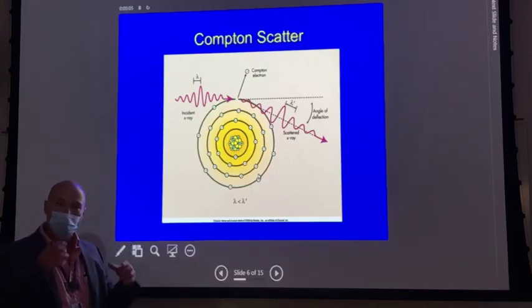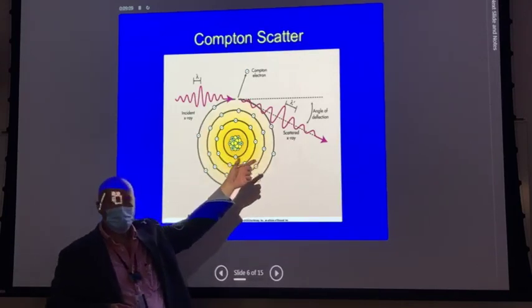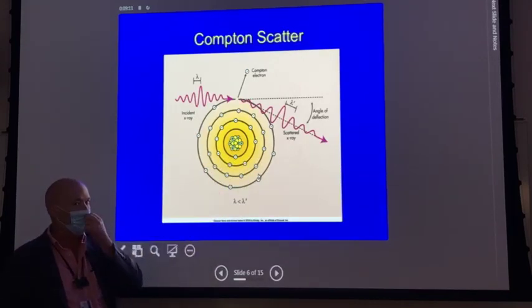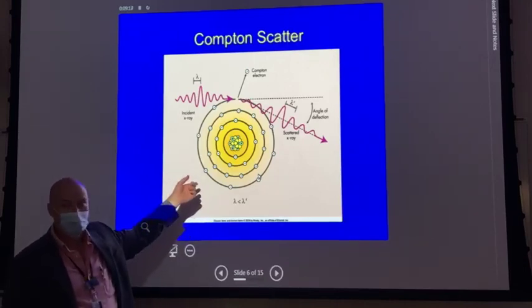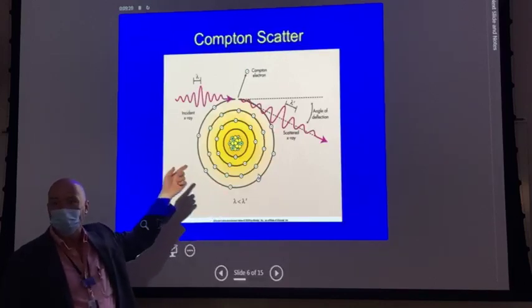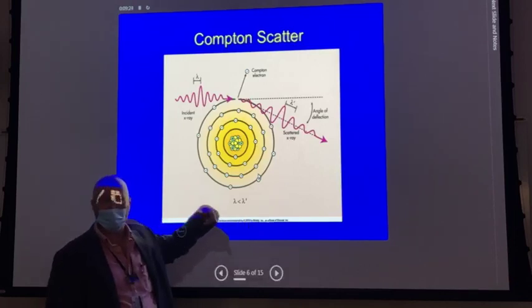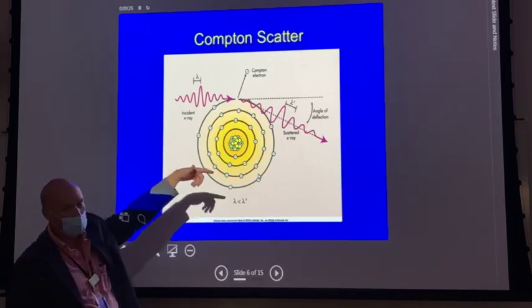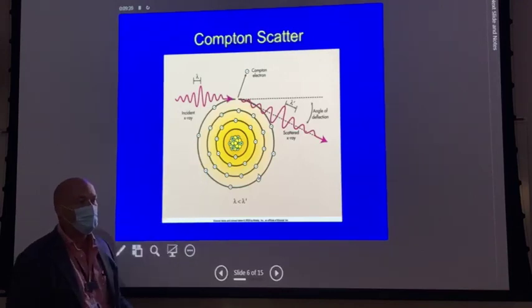No. So in the target, when we eject that electron, what happens? A photon is created, right? Same thing happens inside of the patient, okay? So the patient becomes an X-ray beam as well, right? So one X-ray photon can create a lot of Compton scatter.